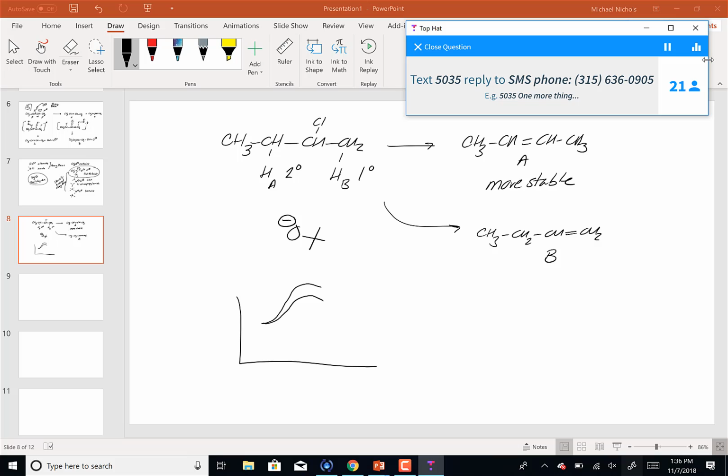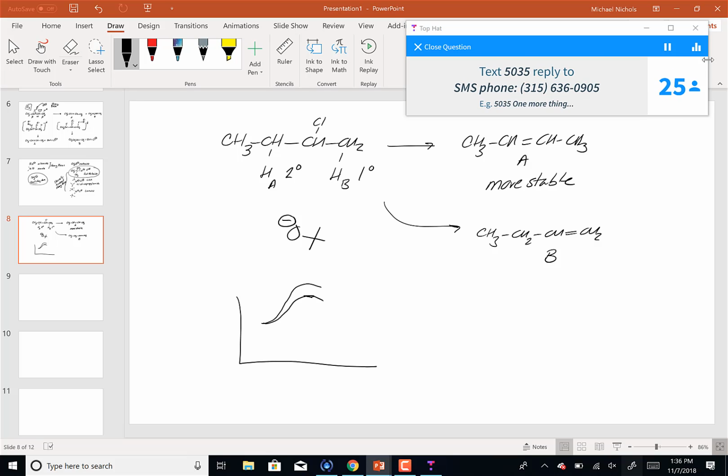Okay, so time to revote. I want to put an A or a B here, and I need to know which one goes here on the lower transition state, the lower energy transition state. Is that A or is that B?